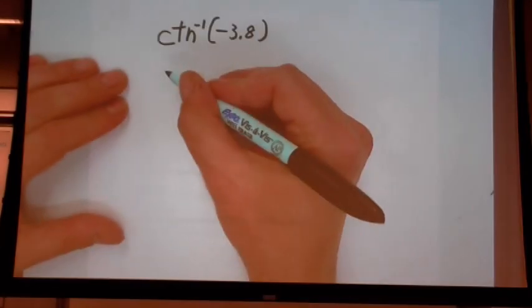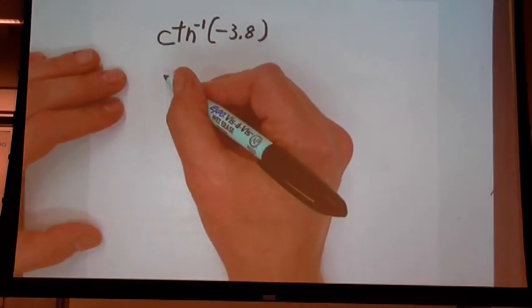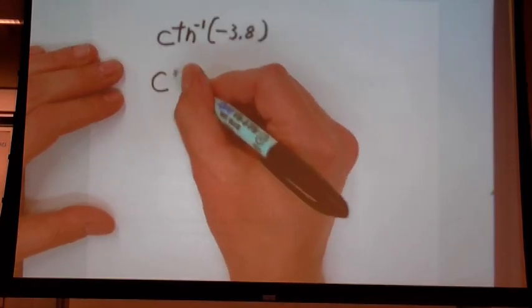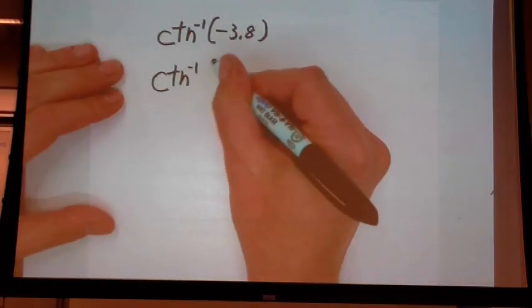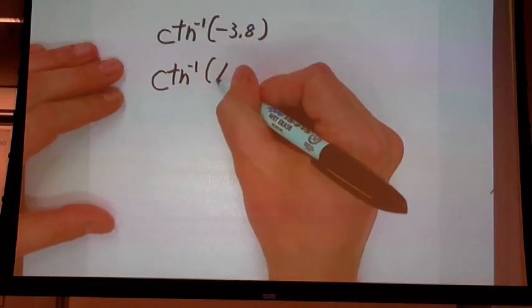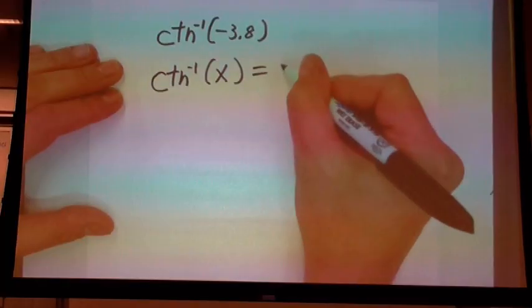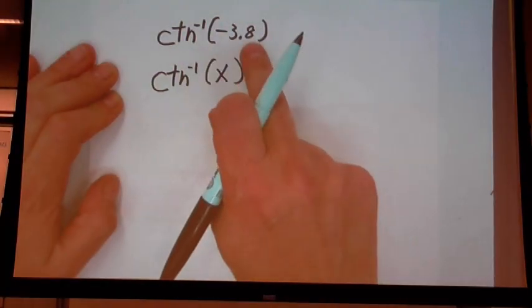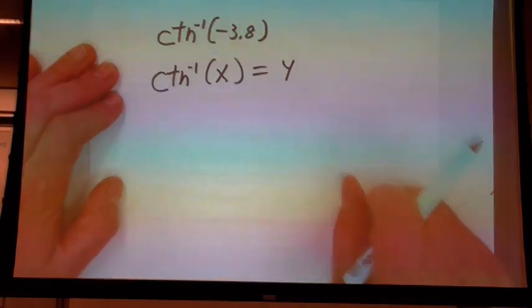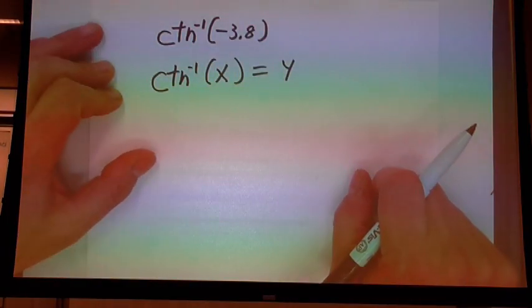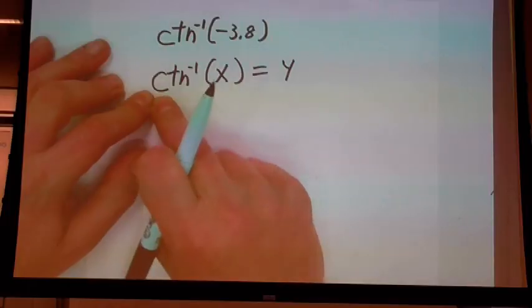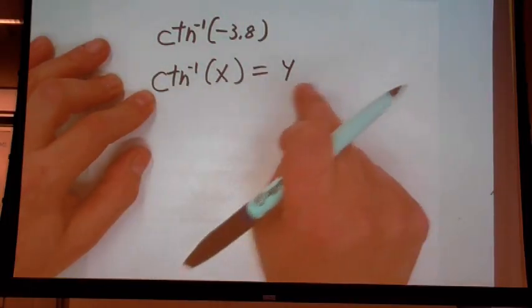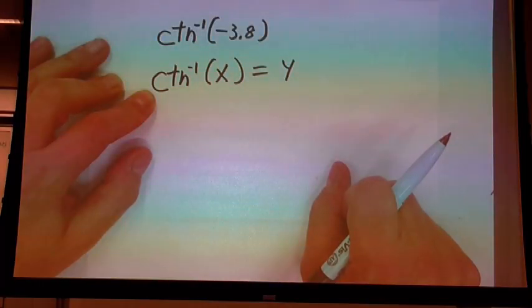Okay, let's watch carefully. I'm just going to write down cotangent inverse of x equals y. Because if x were negative 3.8, I want to find out what y is. I'm going to find the cotangent of both sides of this equation.